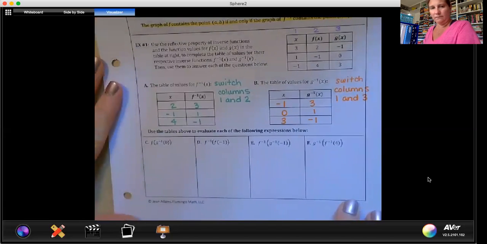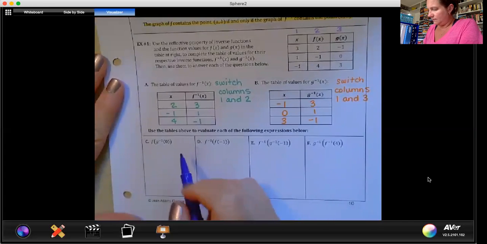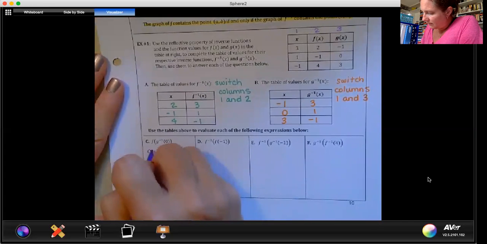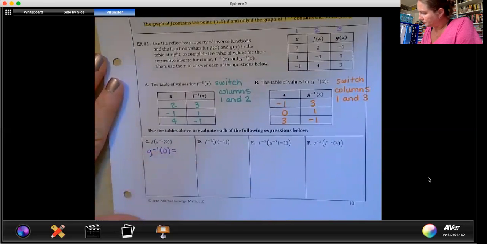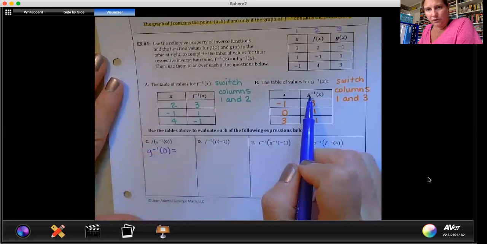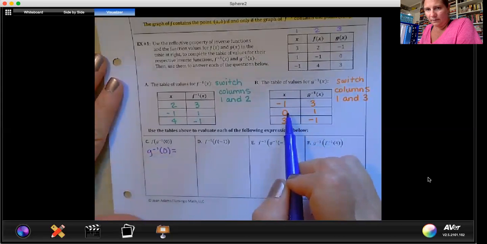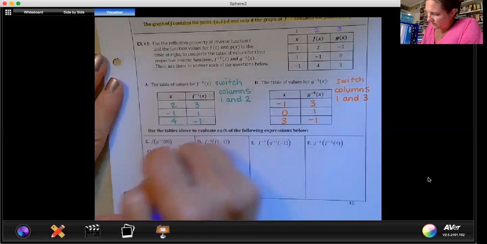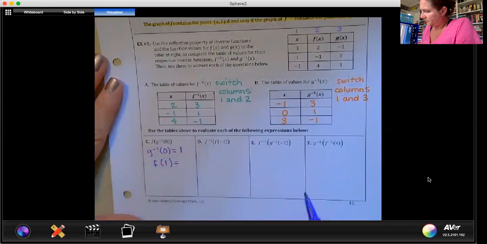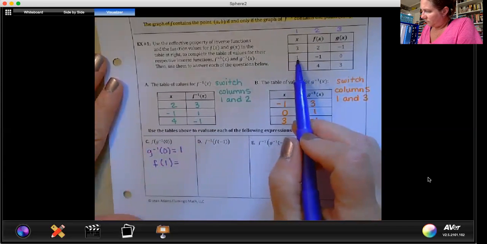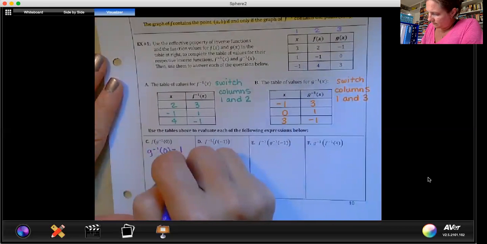So f of the inverse of g of 0. I'm going to start by finding the inverse of g at 0. I'm going to look at this chart. Inverse of g at 0 is 1. And f of 1 is negative 1.